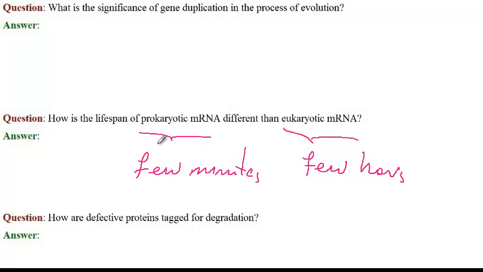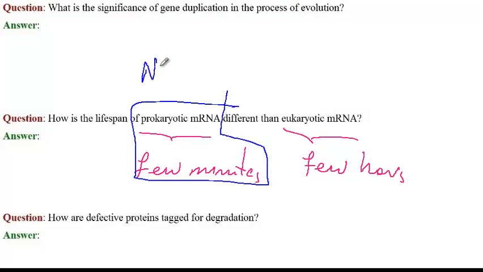And can you tell me why is it that prokaryotic mRNA have a shorter lifespan than eukaryotic mRNA? The reason for that is that prokaryotic mRNA does not undergo post-transcriptional modification.